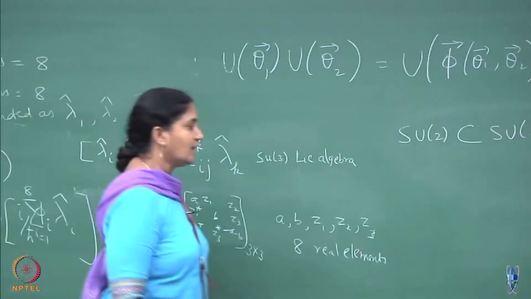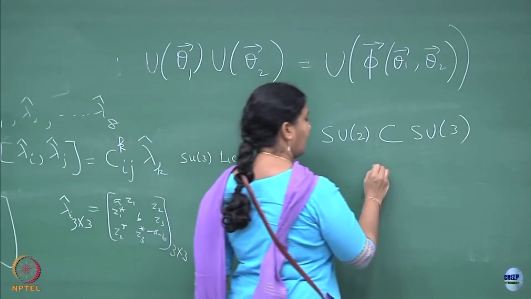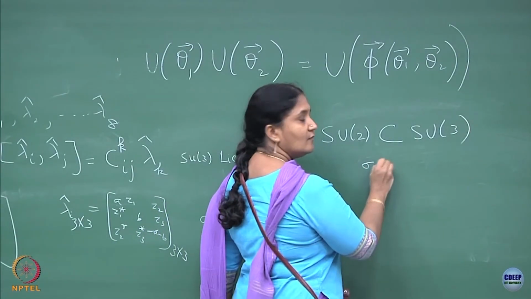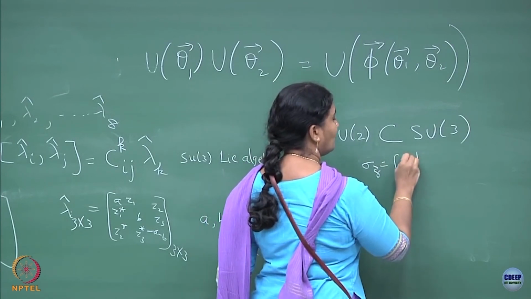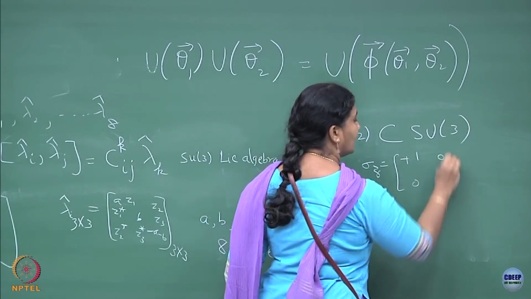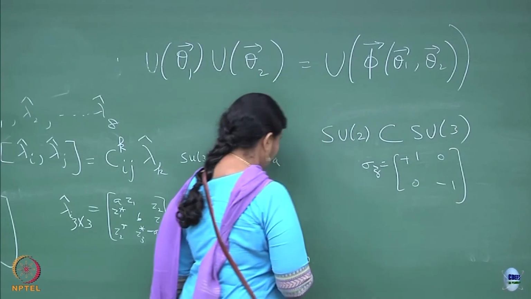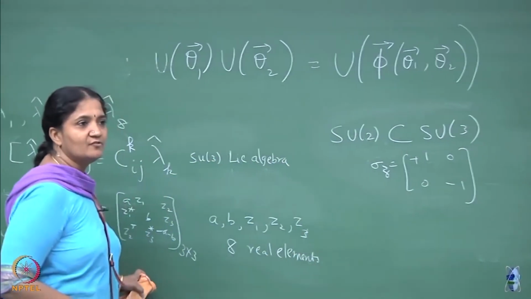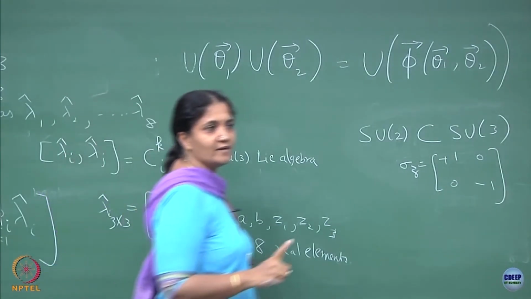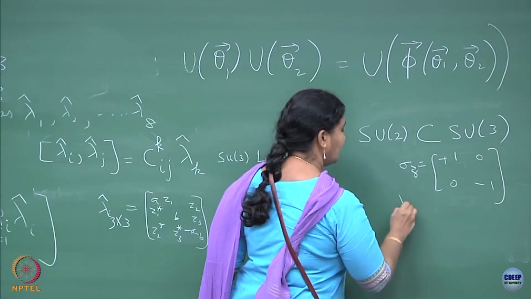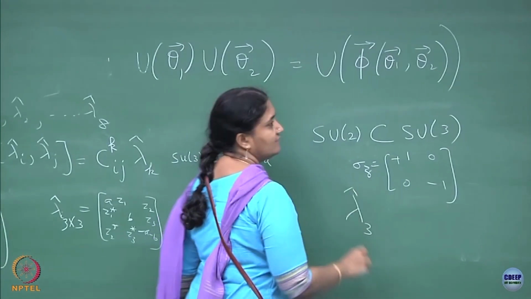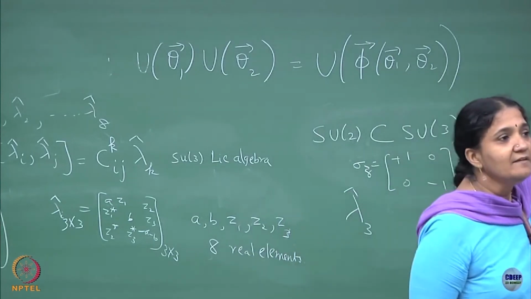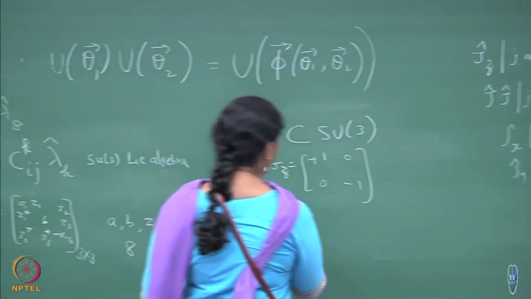The conventional generator which you have for sigma z, which was plus 1, 0, 0, minus 1, should sit inside the SU3 generator as one diagonal generator. Let me call the generator, for conventional reasons, just like we called that J3, lambda 3.